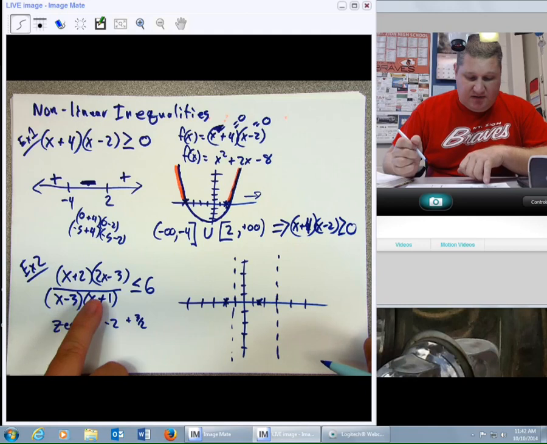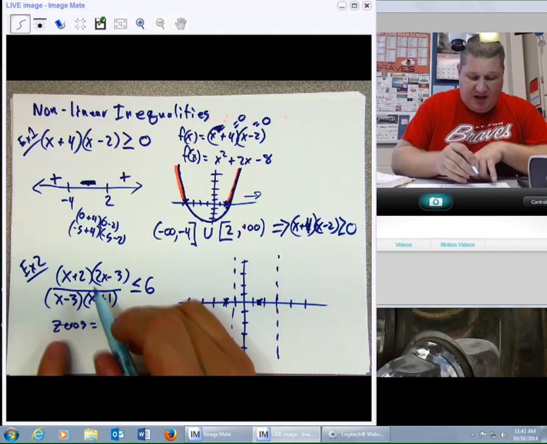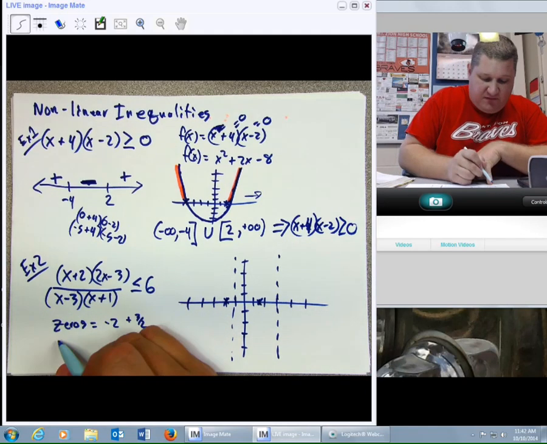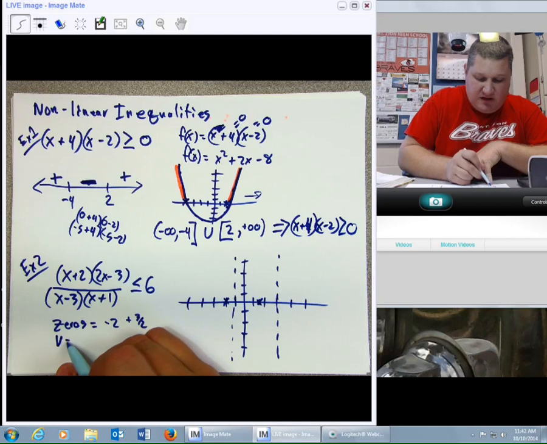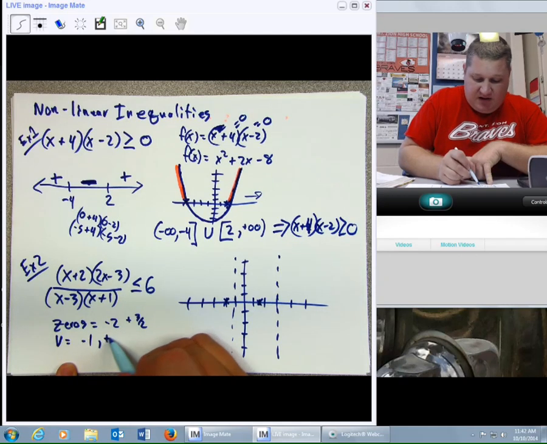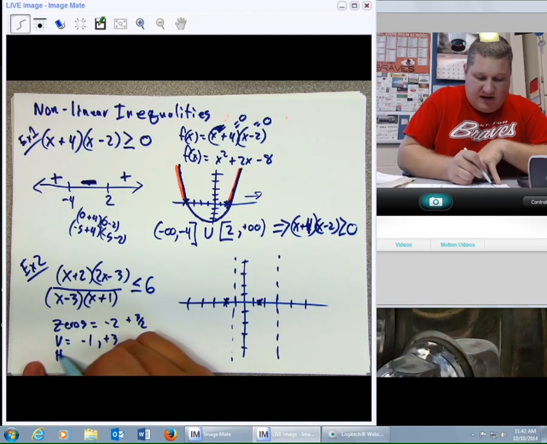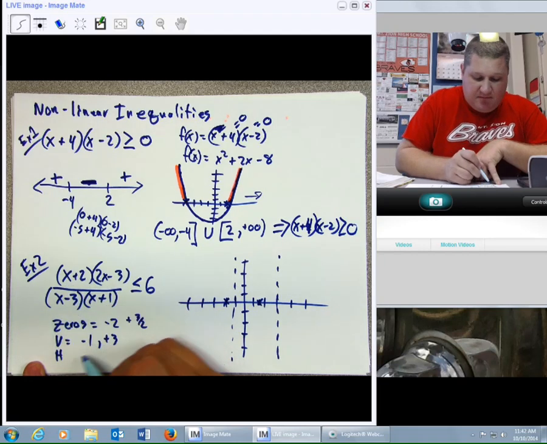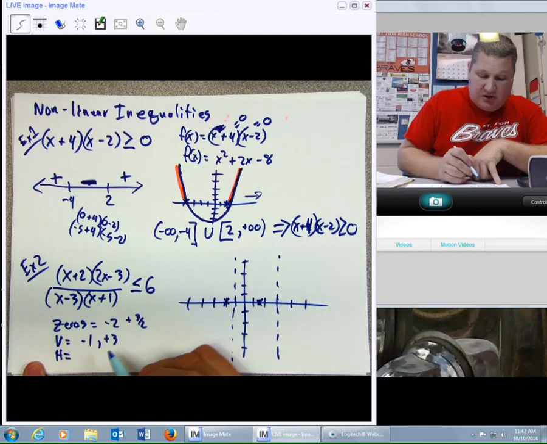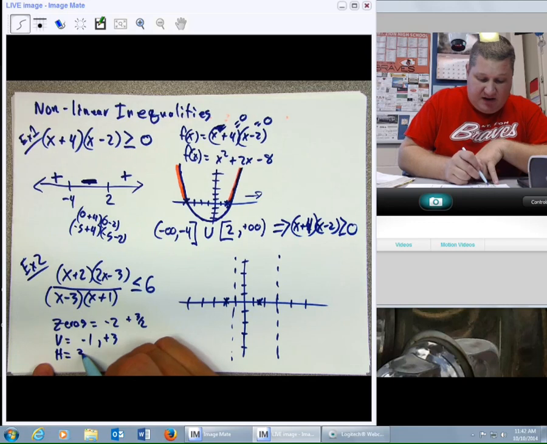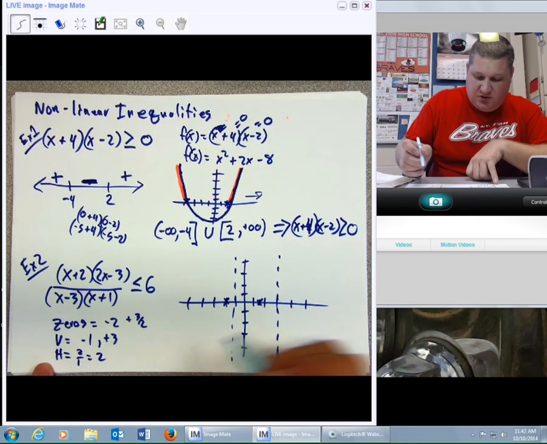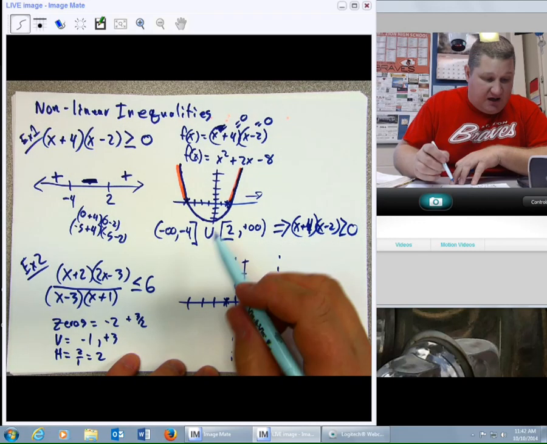And then we have a horizontal asymptote, because if I FOIL this all out, I have the same power on top as on bottom, so my horizontal asymptote is going to happen at 2 over 1, which is 2. So we have this right here.